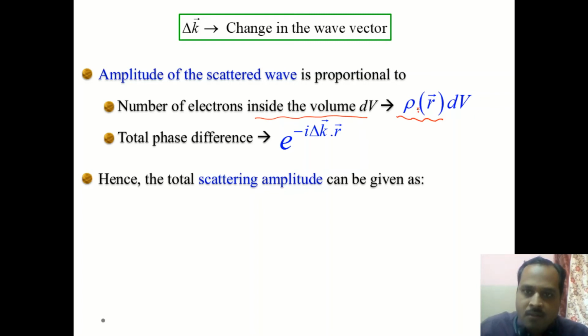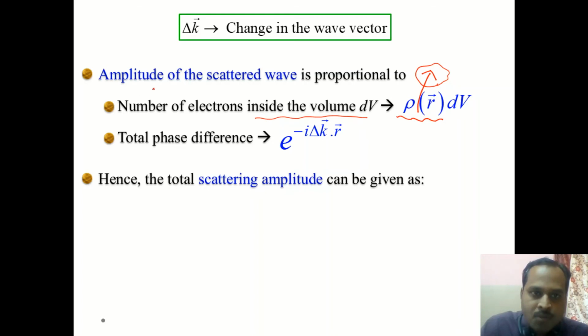Already this quantity we had introduced in the previous class while discussing the reciprocal space lattice vectors, and we know that this quantity is periodic and has the same periodicity as that of the crystal.